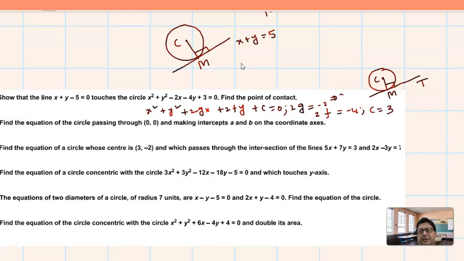From here we get g equal to minus 1, f equal to minus 2, and c equal to 3.